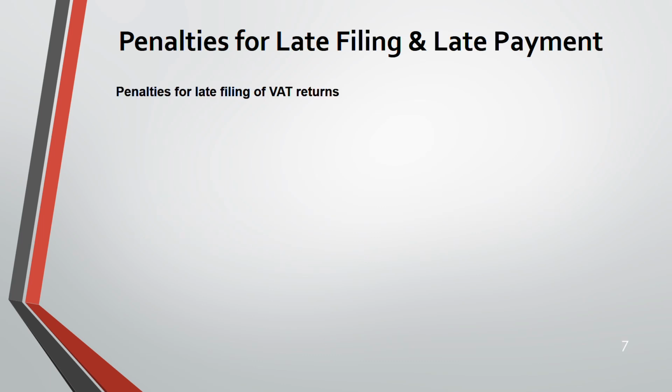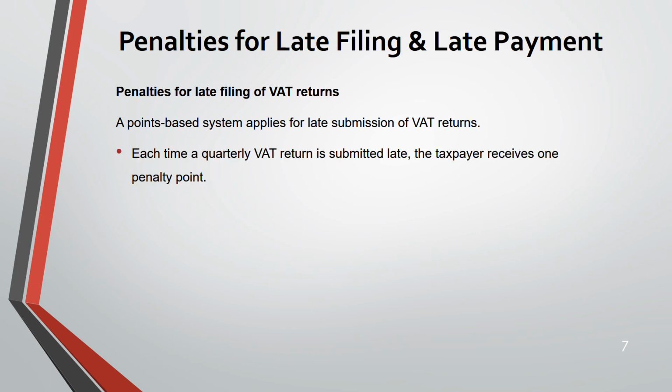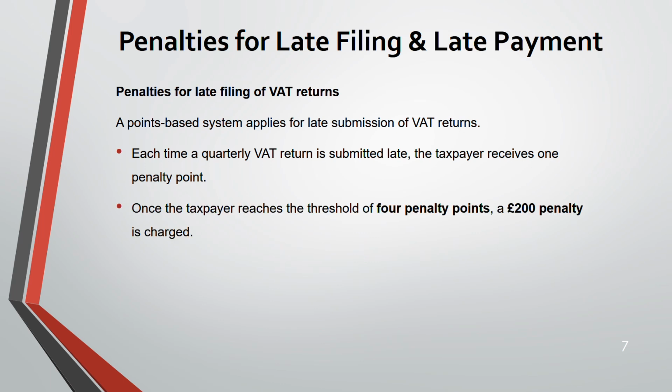Now, for filing the VAT returns late, this is a point-based system. Each time a quarterly VAT return is submitted late, the taxpayer receives 1 penalty point. Once the taxpayer reaches the threshold of 4 penalty points, a £200 penalty is charged.